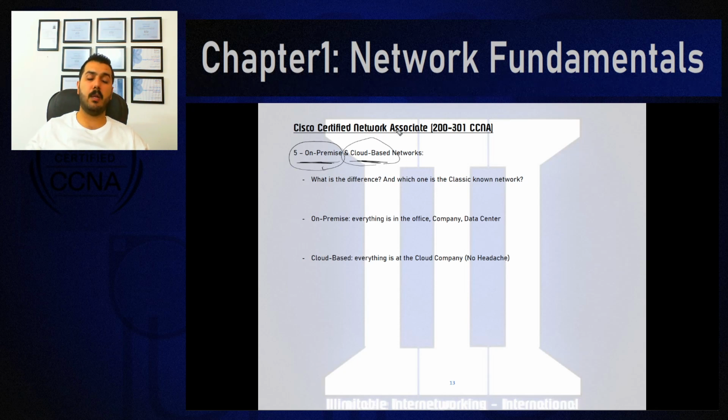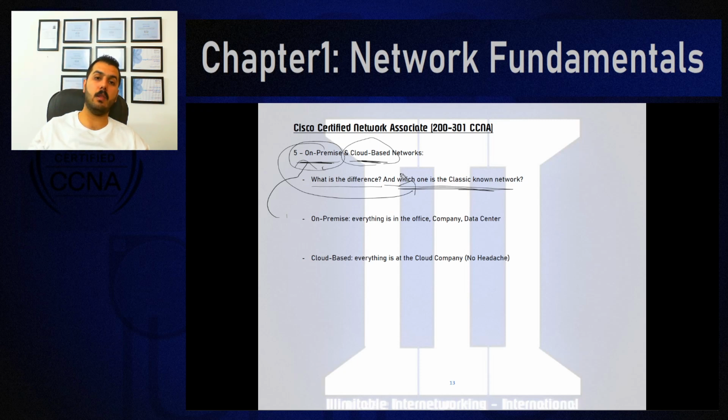All the types of networks that I was talking about since the start of topologies until now are on-premise networks. So the first question, what's the difference? We will talk about the difference. And which one is the classic known network? Well, it's the on-premise.